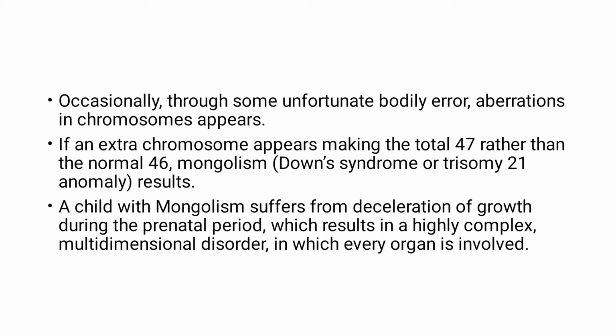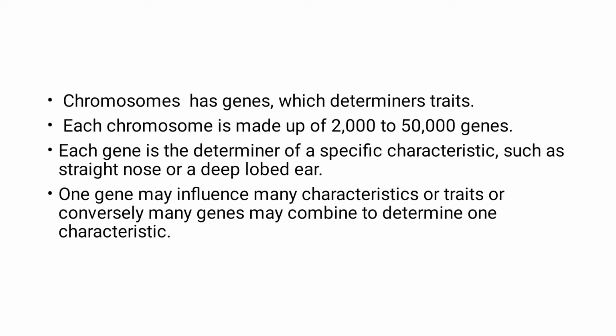A child with Mongolism suffers from growth issues, the deceleration of growth, and also has difficulty in the development of various vital organs. The vital organs are not properly developed.